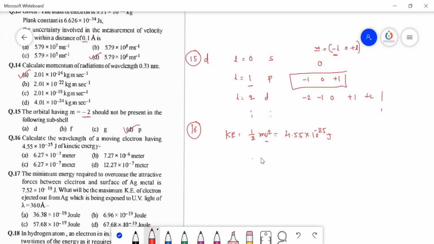So v square equals 2 into 4.55 into 10 power minus 25, divided by the mass of the electron, 9.108 into 10 power minus 31 kg. Here this velocity v value we will get as 10 power 3 meters per second.